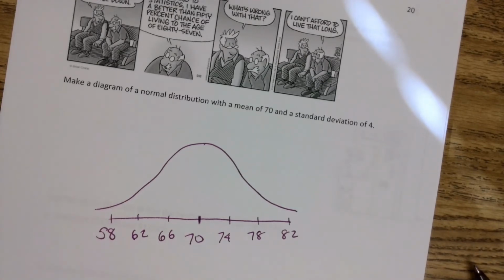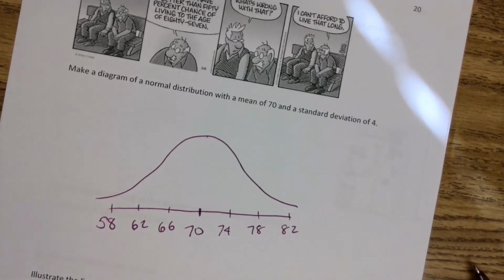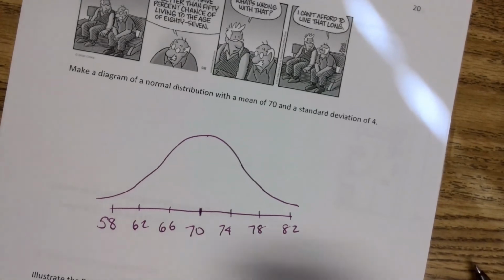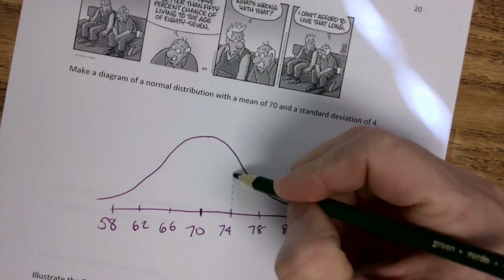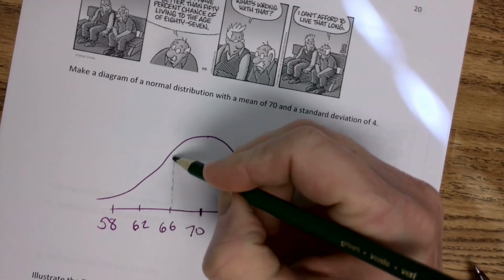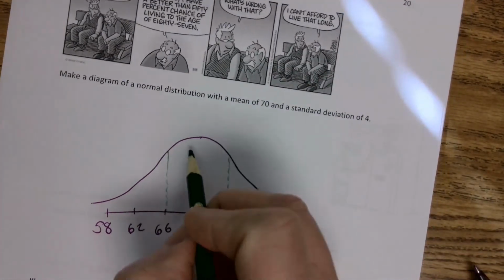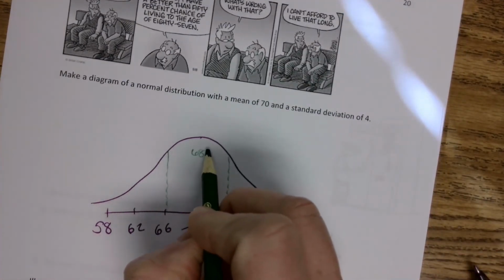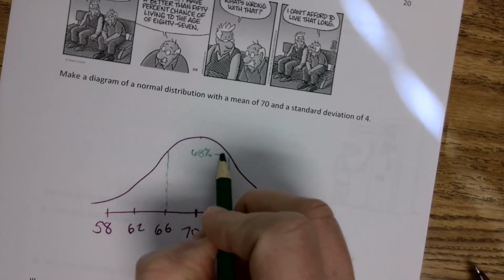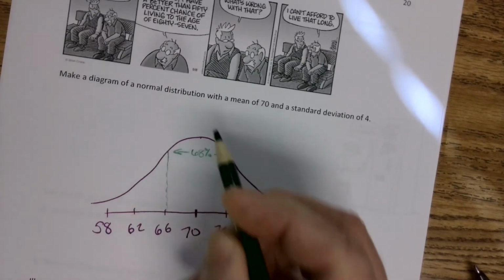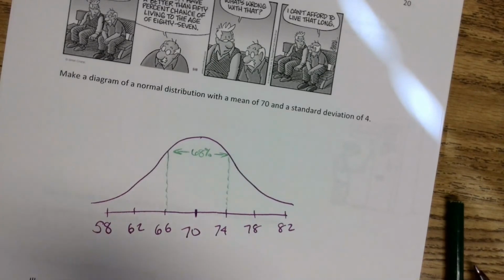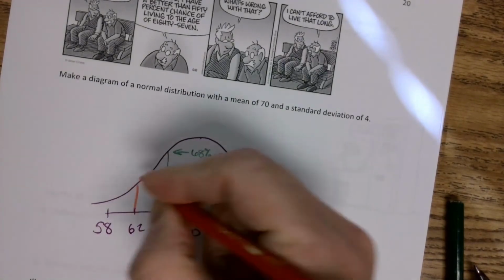Can we illustrate the empirical rule? I suppose. Come up 1 standard deviation each side. And that's 68%. Come up 2 standard deviations on each side.